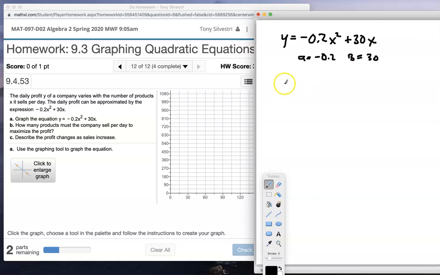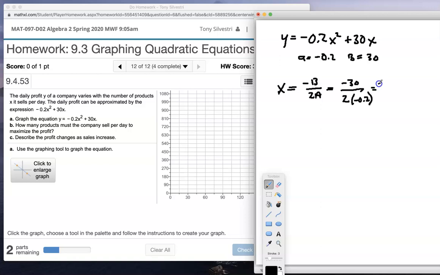I need my basic formula for where the vertex is going to be located: negative B over 2A equals negative 30. B is 30, so negative B is negative 30, divided by 2 times negative 0.2.